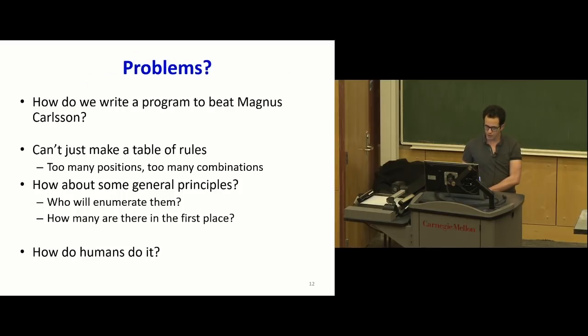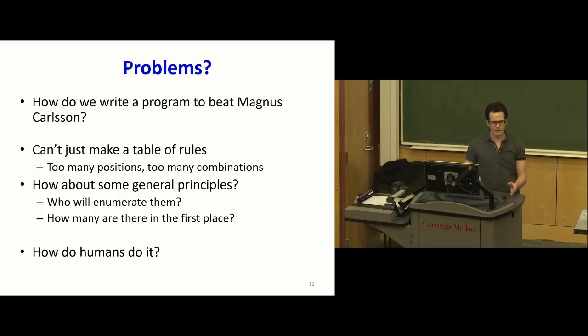Now, if we were to ask you how to write a program that beats champions at chess, you may think I can just write a table of all the rules that make for a good strategy, but that's actually super intractable. The number of possible positions would amount to more than the number of atoms in the universe. So it's a little hard.